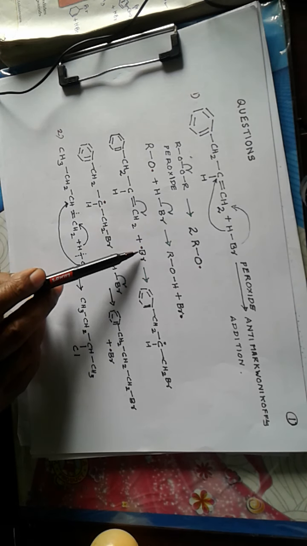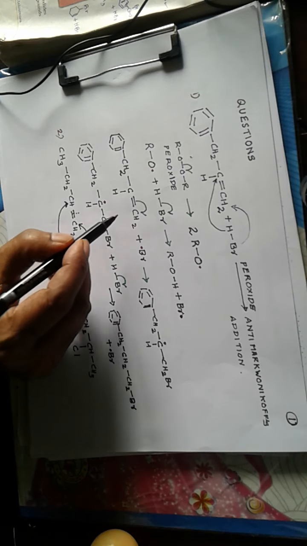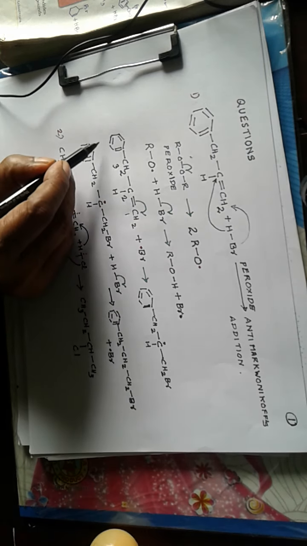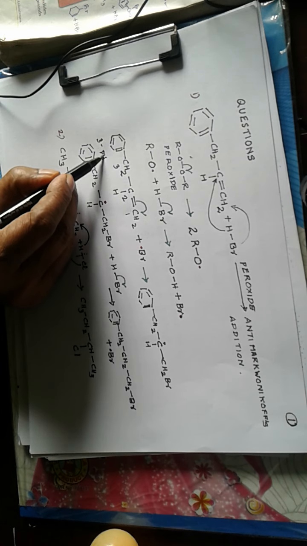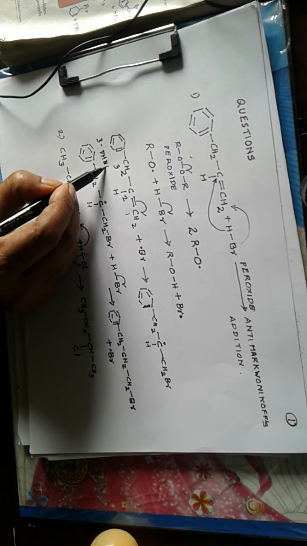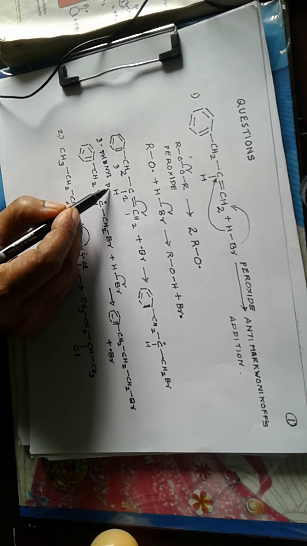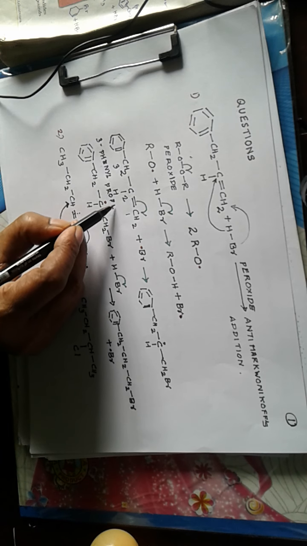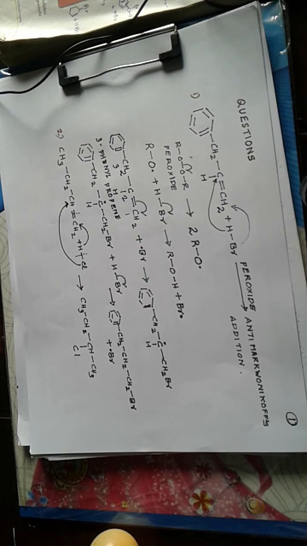Now this Br radical attacks this molecule, and this molecule may be called 3-phenyl propene.